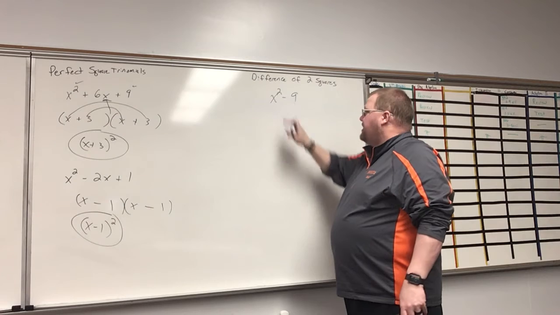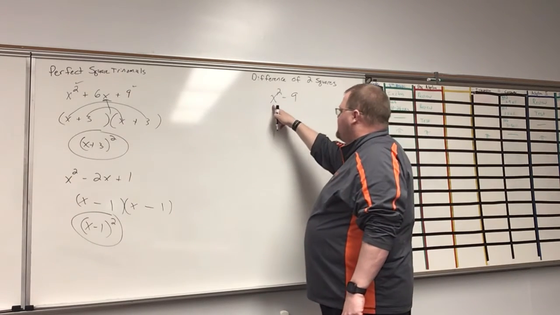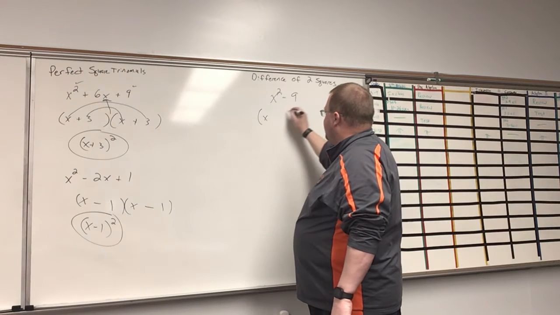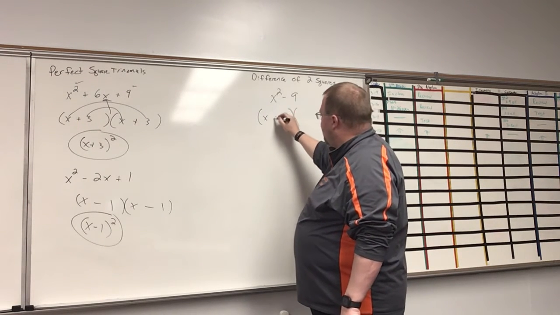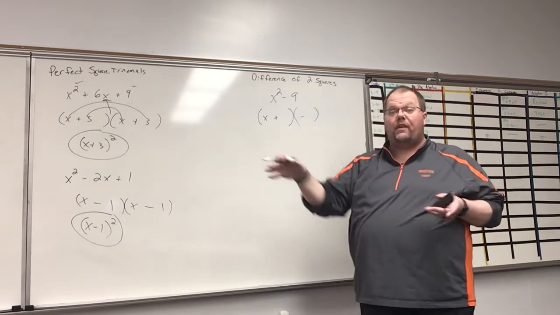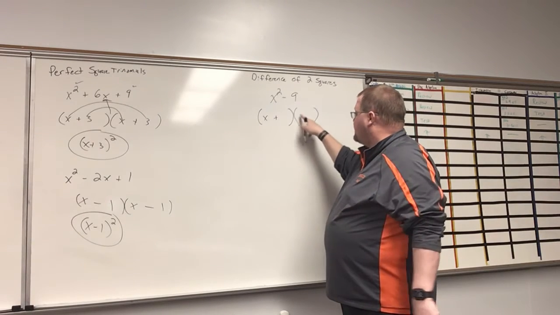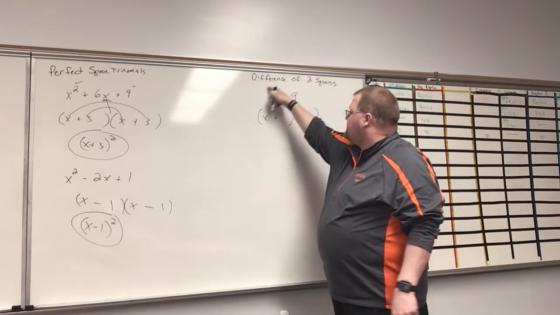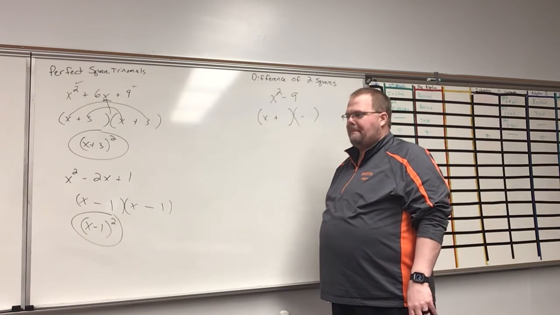There's no x term here, so how could I have gotten to this? If this is a perfect square number, it's x. Because there's a minus here, we automatically know that this is a plus and a minus. So this is another rule of factoring. The difference of two squares will always look like a minus sign in the middle. If there's a plus sign in the middle, it's not going to work.